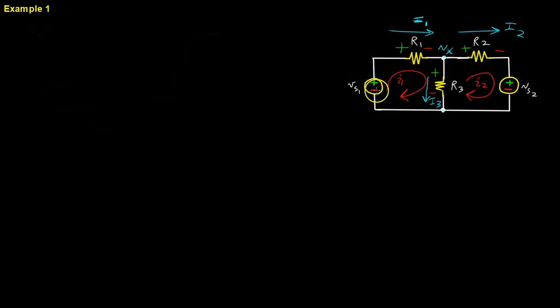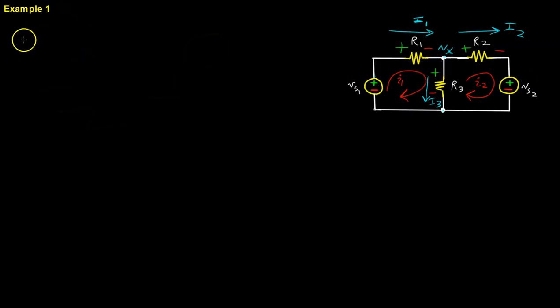If you do KVL, how we start is I will usually start at the bottom here, go clockwise, and just look at the sign and the voltage drop or rise. So if I'm starting from here and going up according to this mesh current, I would see a minus VS1, a plus I1 times R1, because remember step 2 was to define voltages in terms of currents in the mesh analysis.